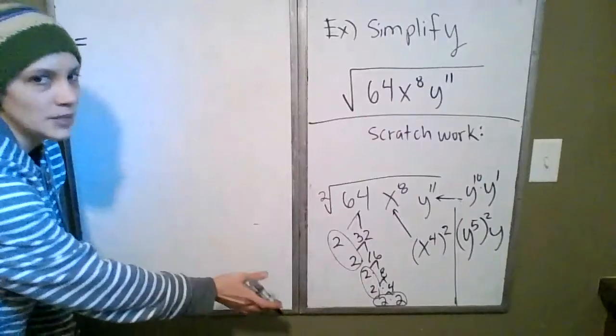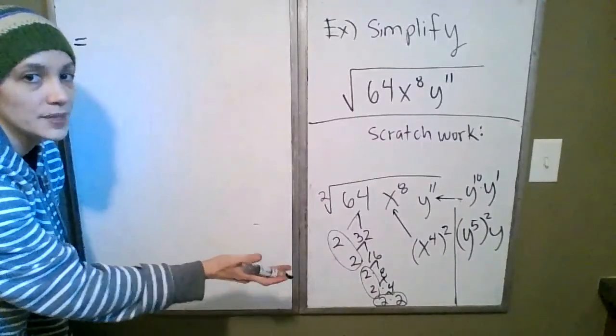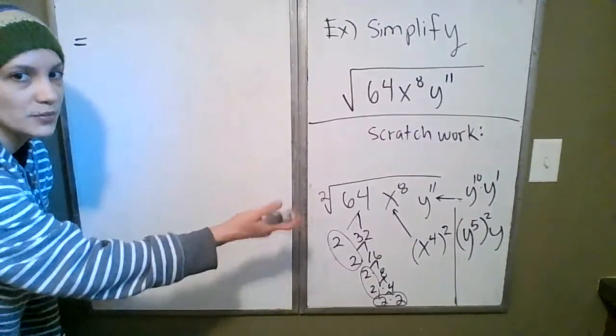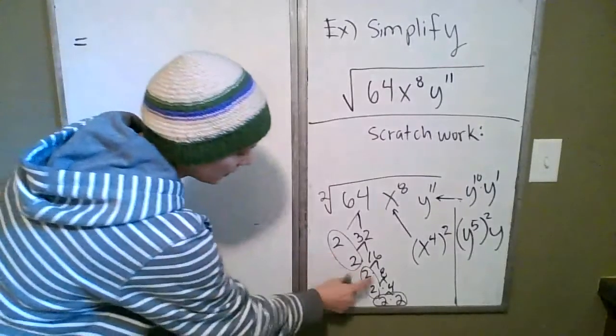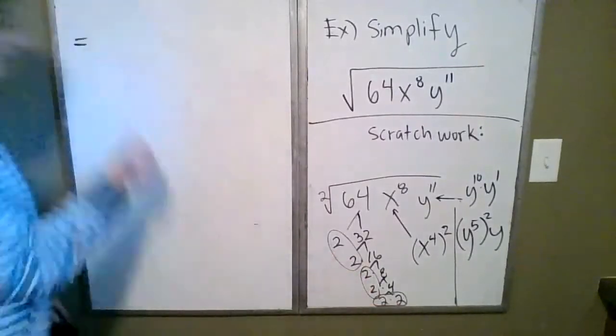So right now I'm just copying down the same problem, but with 64 factored. So 64 is 2 to the 6th.